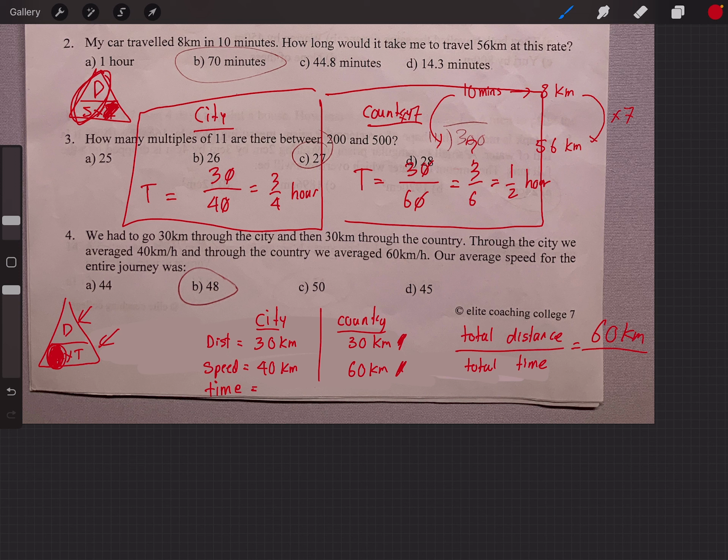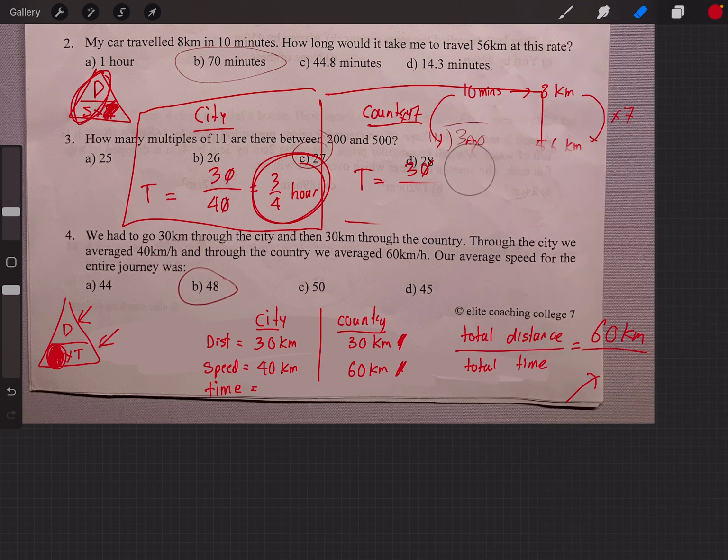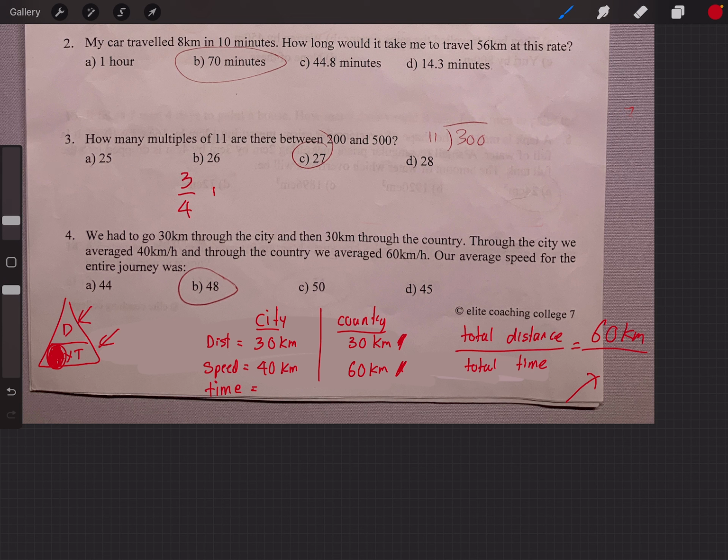Okay? So the total time would be the half an hour plus the 3/4 hour. You're going to add those two together and put it down here. Okay, so let's work that out. 3/4 plus a half. So we got 3/4 of an hour plus a half an hour.